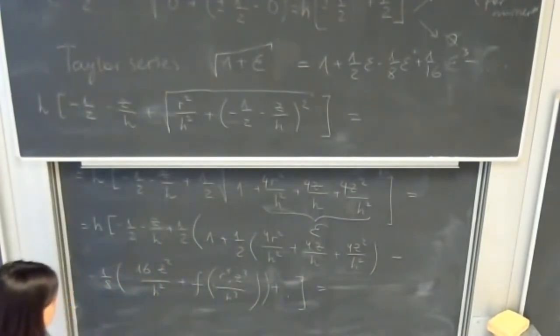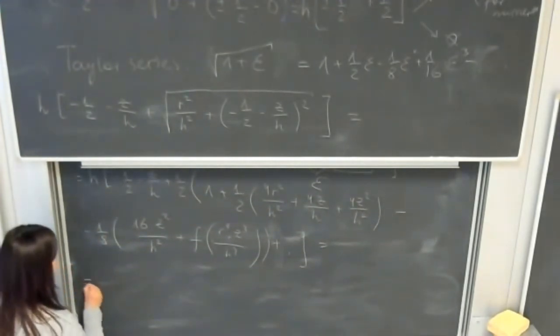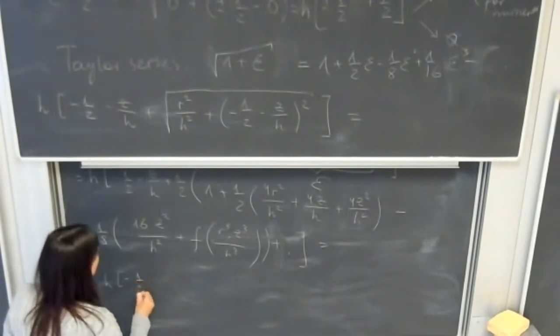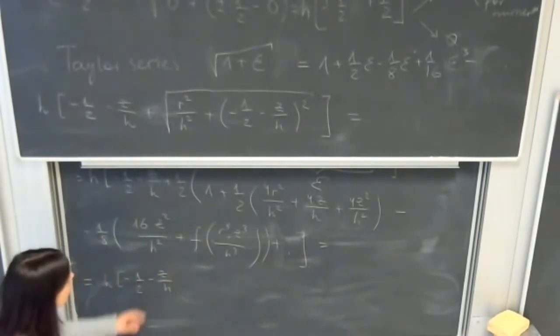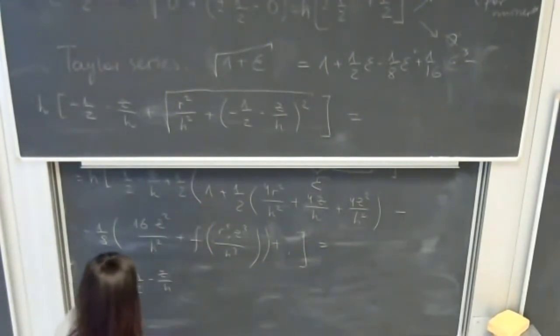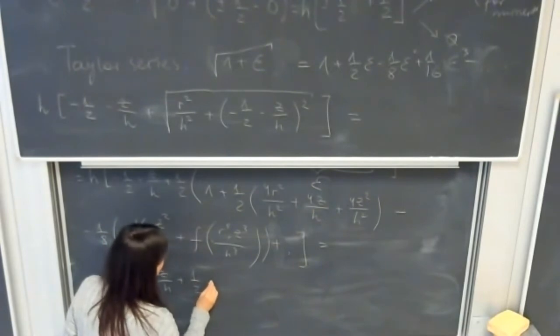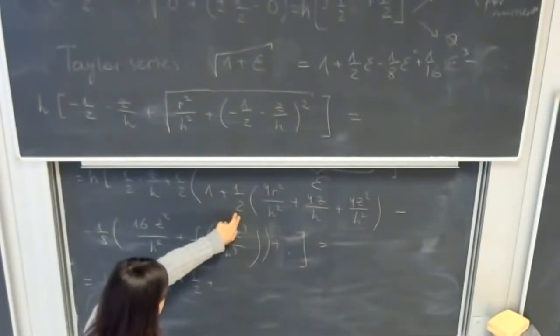So let's see what we have. Let's simplify it. So here we have a half. Here we have 1 divided by 4.